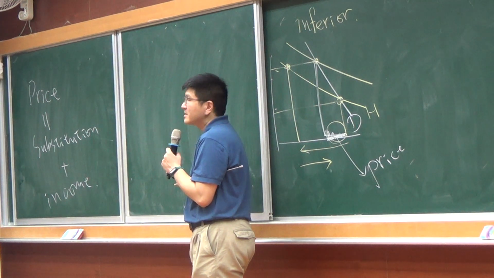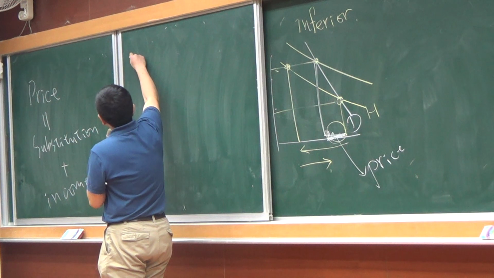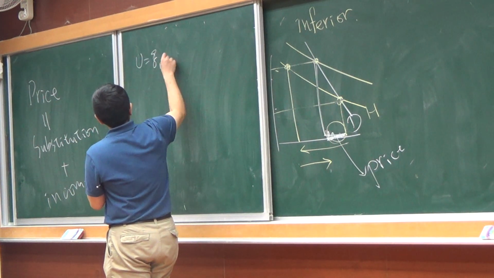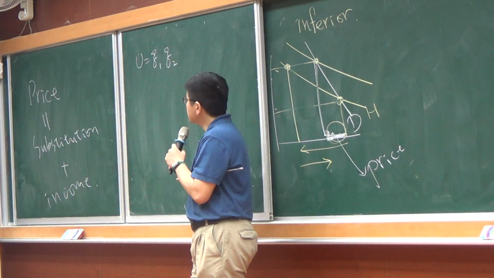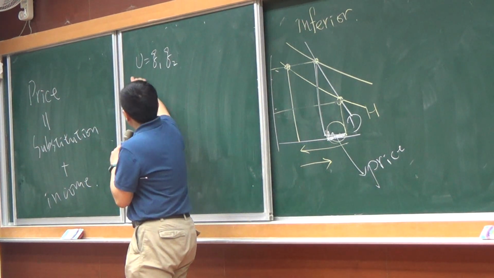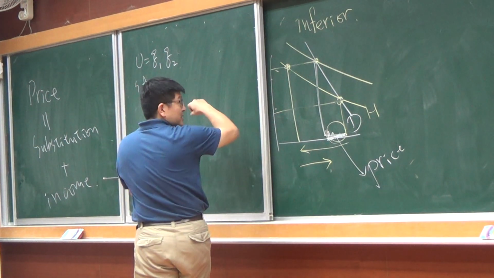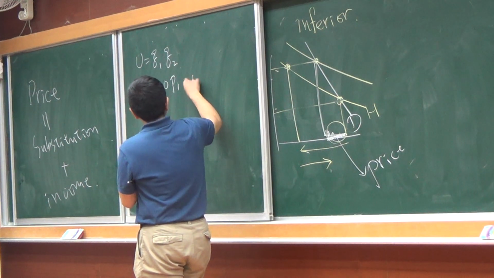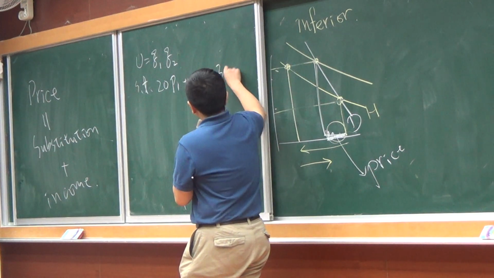All right, let's assume that our utility function is Q1 and Q2, a simple Cobb-Douglas utility function with the budget set, say, 20p1 plus 5p2 equals, say, $300.